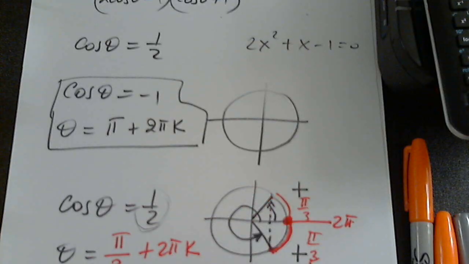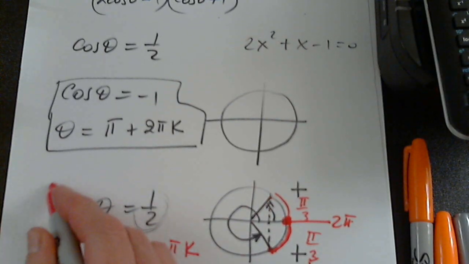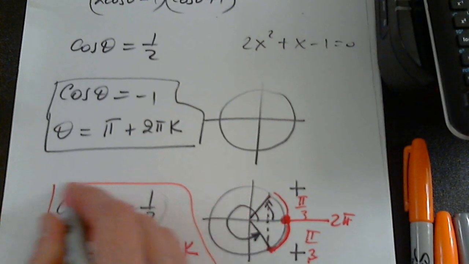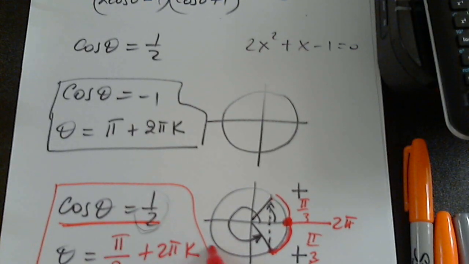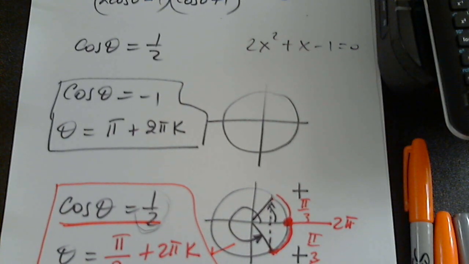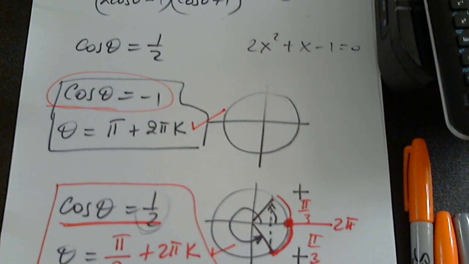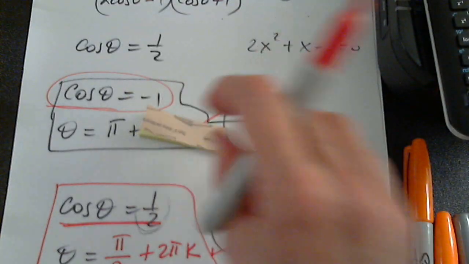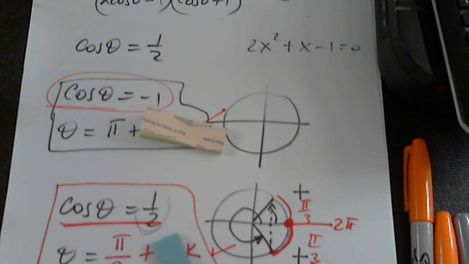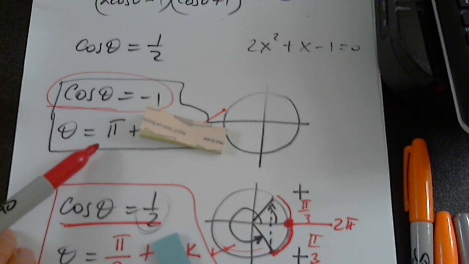And if it's asking us to present all solutions, this equation has these infinitely many solutions. This equation has these infinitely many solutions. If we're not asked to determine everything, but just in one complete rotation, I will say this equation has solution pi over 3 and 5 pi over 3. This equation has solution pi.